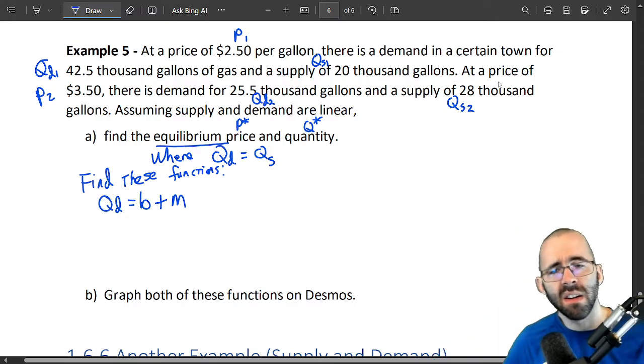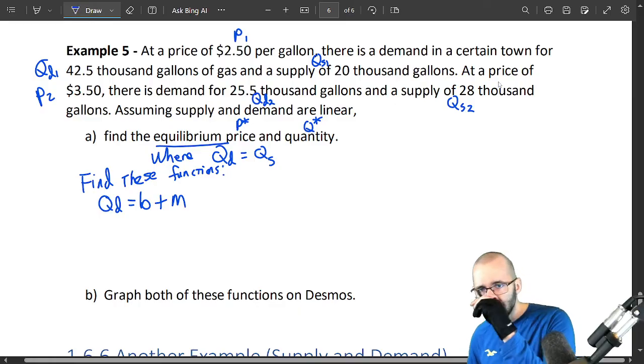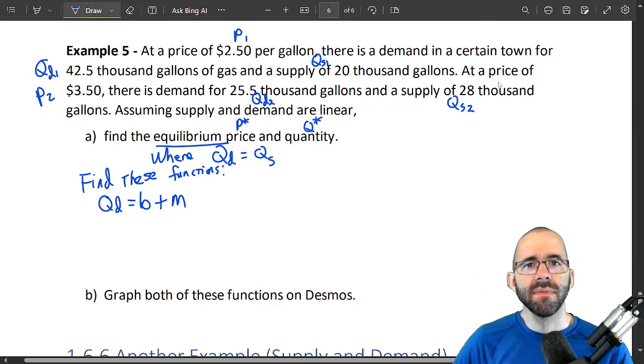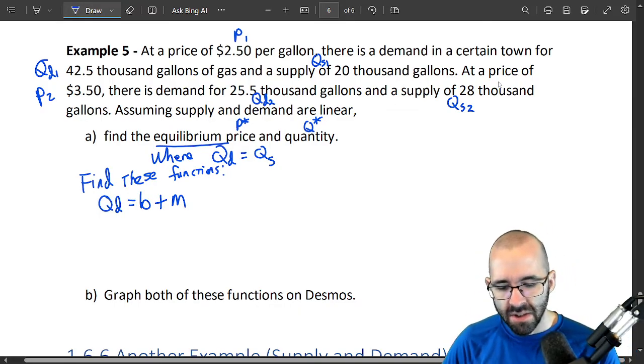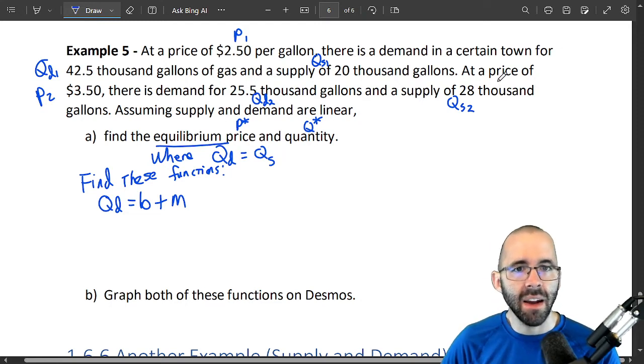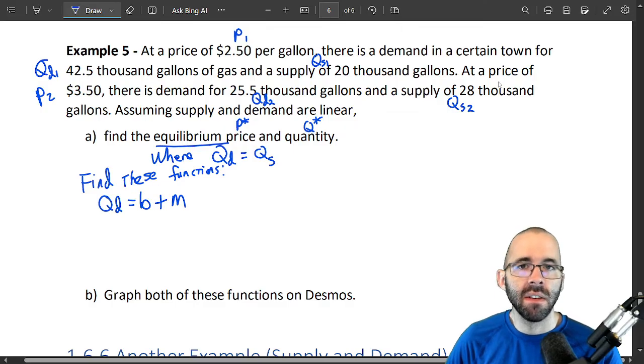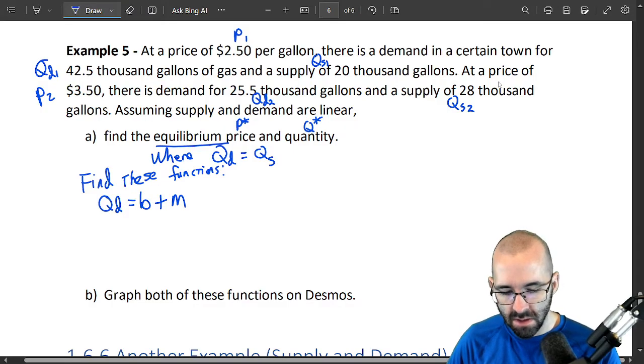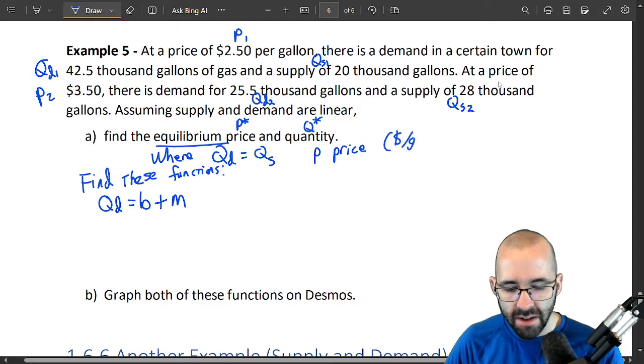What's our input here? Our input is going to be the thing that affects demand. What's affecting demand? Price. And let's say that's in dollars per gallon.